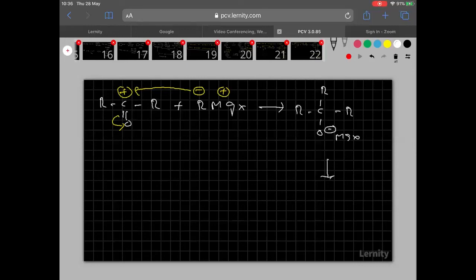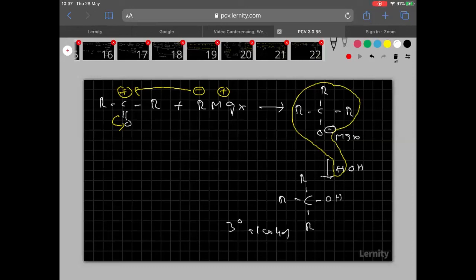So this one undergoes acidic hydrolysis. In this way we will get this alcohol: C with OH, and R, R, R. Which alcohol did we get here? Tertiary alcohol. So if you take ketone, you will get tertiary alcohol.